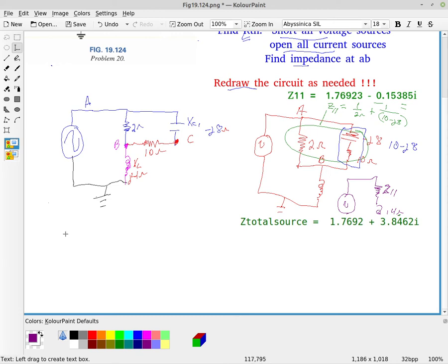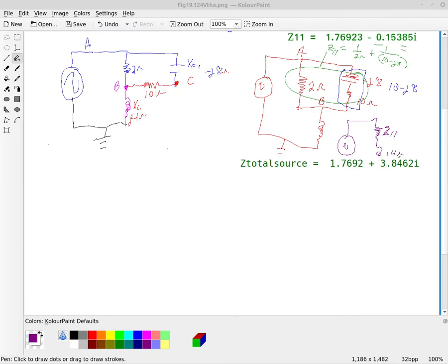So we have the total impedance, so we can find the total current supplied by the source.